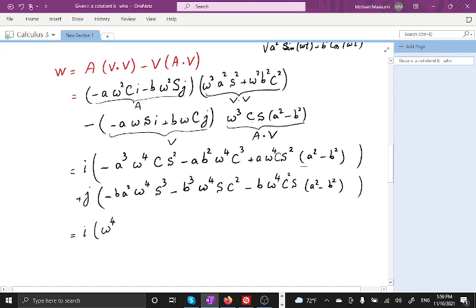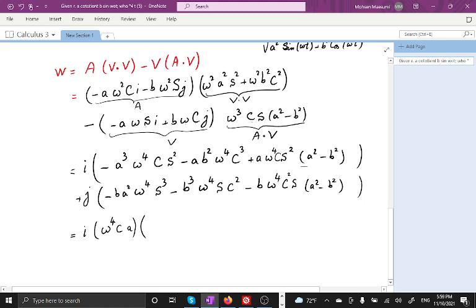Let's take a factor of c out, so omega to the 4 c. Then I have a common to everybody, so let's take the a out. And I'm running out of everything that is similar to all of them, so let's take this piece out and then see what is left.